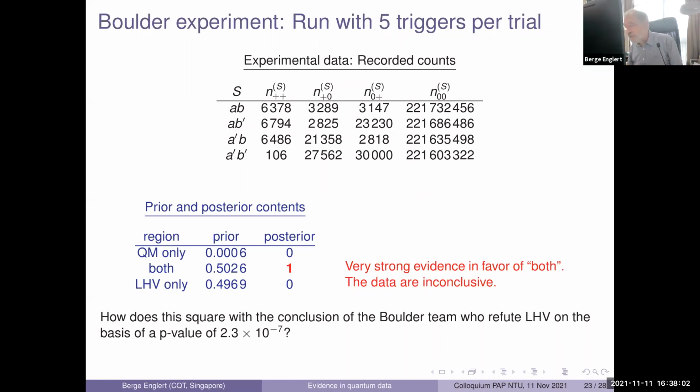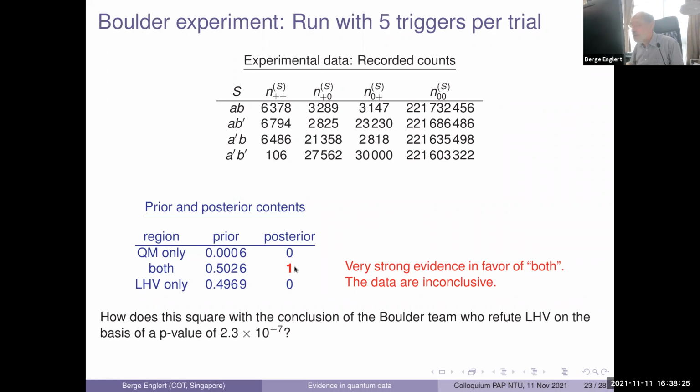However, if we look at the data and we evaluate what we find by what I just described to you, then our prior, as you can see here, assigns a very small probability to the quantum mechanics only region and about equal probability to the overlap region and the hidden variables only region. So clearly, we do not favor the quantum mechanics only region by the prior.